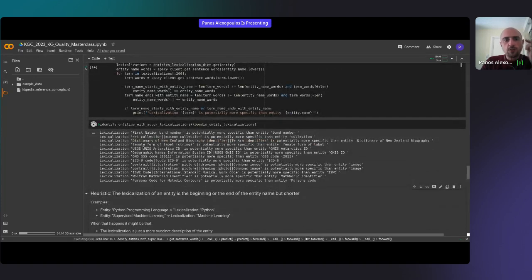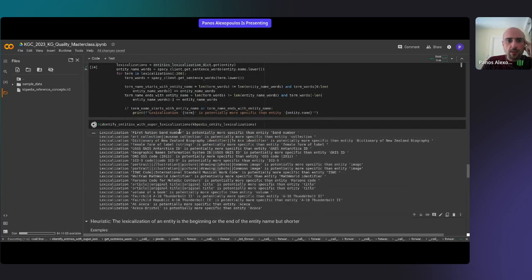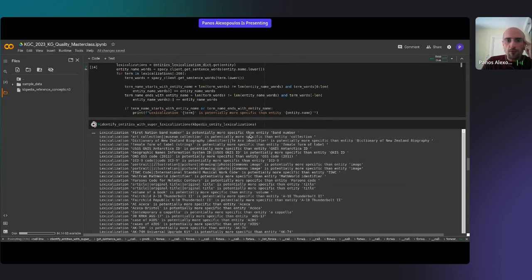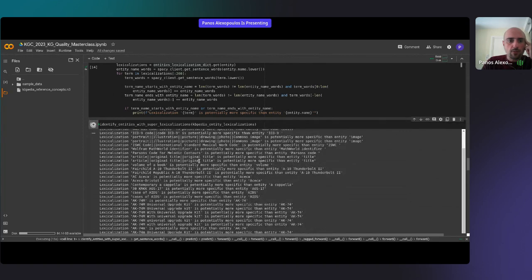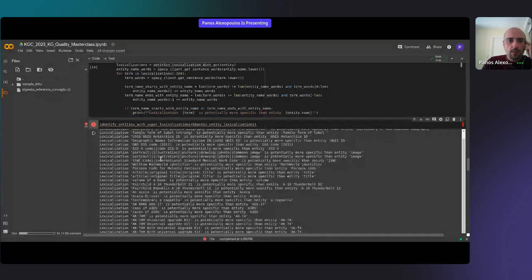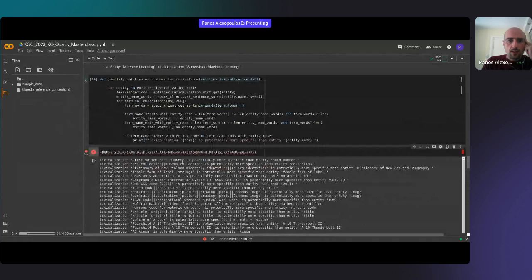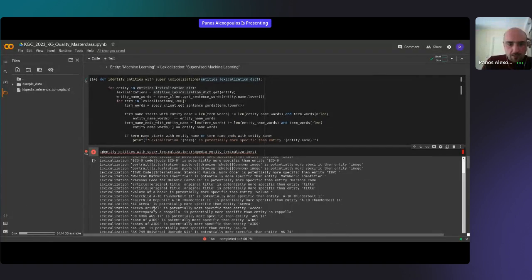You see, for example, that we have First Nation band number, which is a label of the entity. I will close this because I don't need more than that. That First Nation number is potentially more specific in the collection. Dictionary of New Zealand biography. You can see many cases here.